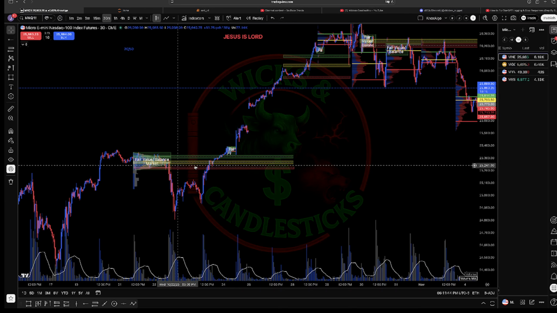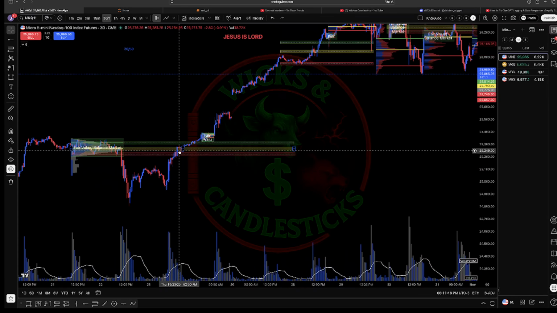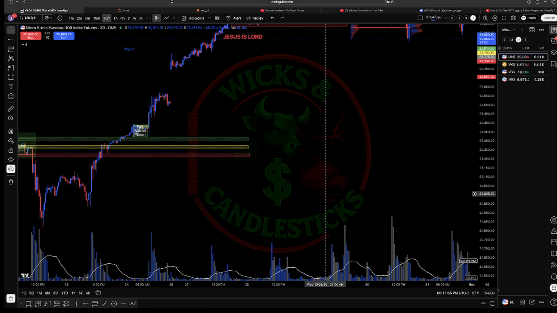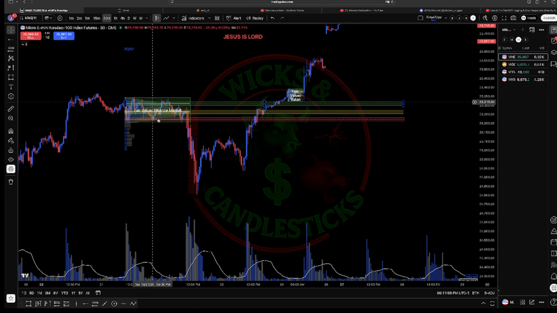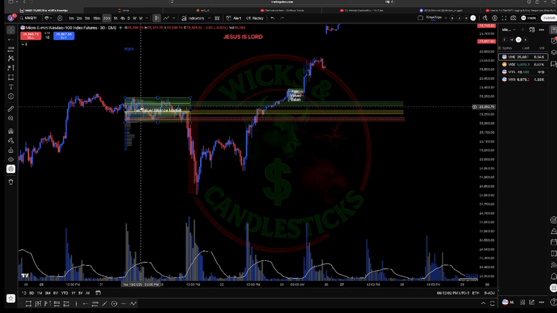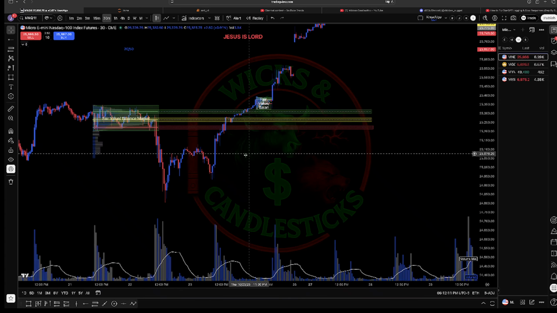If price accepted again, which right in here, you can see how we had a balance area, it accepted, you would get continuation. I'm going to say that again. If price comes back to an area where it left from the balanced market, and it goes into fair value again, which is here, you would get a continuation.